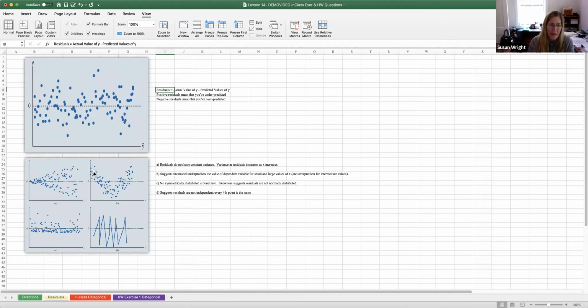This one underpredicts the value of the dependent variables for small and large values, and then overpredicts for intermediate values. This one, there's no symmetry around 0. You got more over 0 than you have under in terms of their variance. And then this one, it lacks independence. So every 4th data point is looking like it's roughly the same. So we'd say that that data isn't independent. They're not random. So that's what we're looking for when we study these plots.